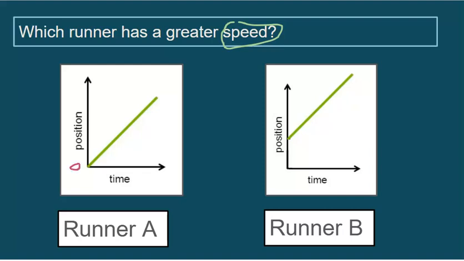This person started at 0 and ended at 12 meters down the track. This person started at 6 meters, right? It had a head start, but it covered the same ground, so it ended up at 18. So it's farther ahead, but only because it had a head start. They both have the same slope, so they both therefore have the same speed.